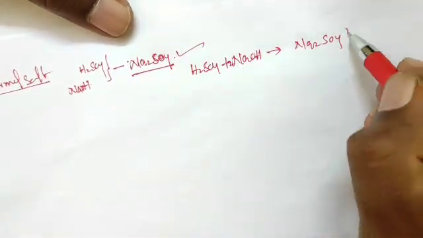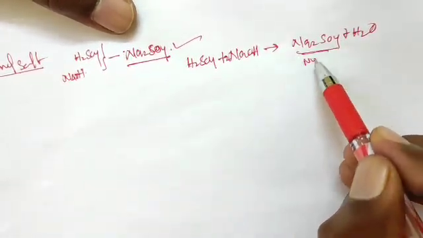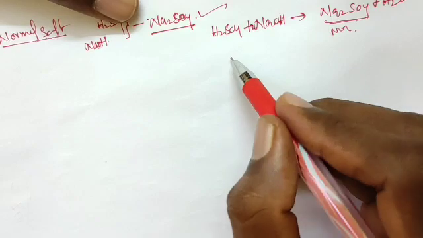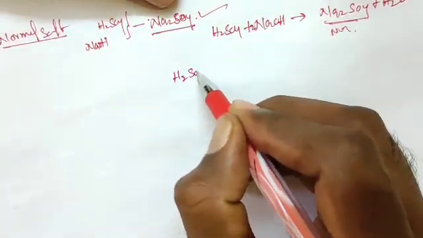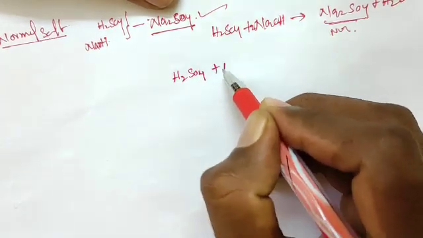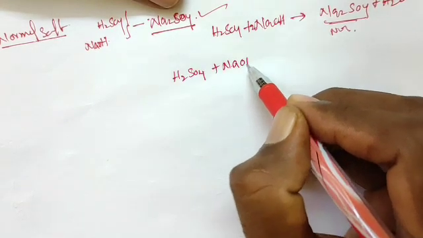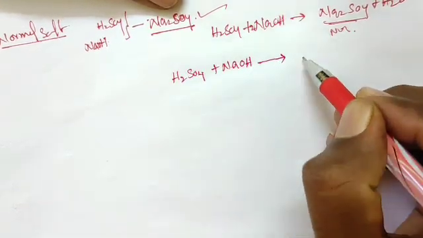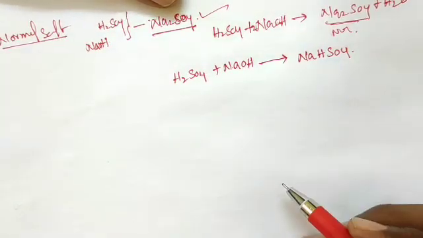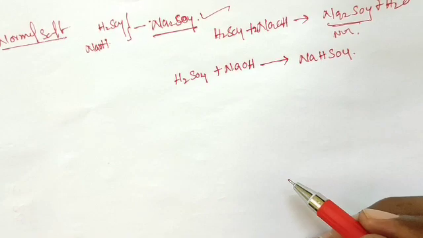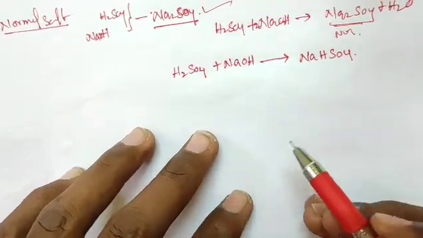Now this is a normal salt, but with the same combination, listen properly, H2SO4 plus NaOH, we can also get NaHSO4, sodium hydrogen sulfate.